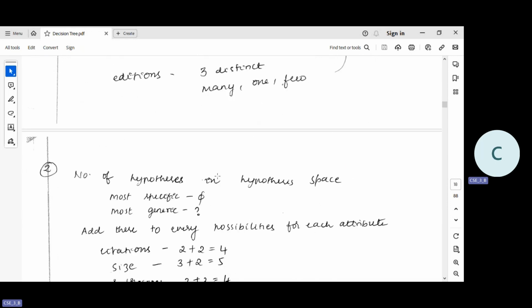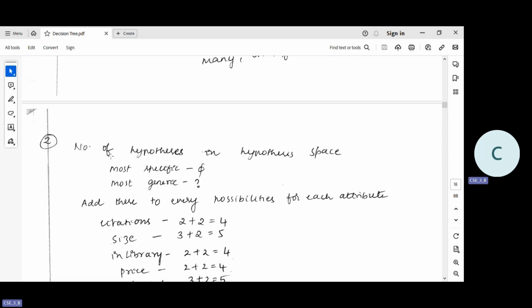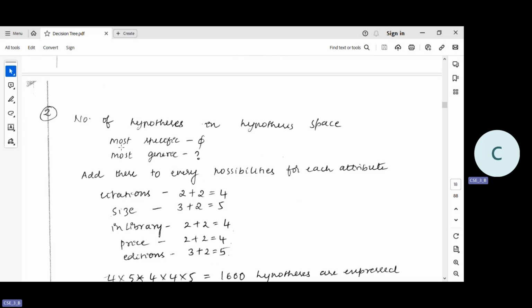The second question: how many hypotheses are there in the hypothesis space related to the training examples? The most specific hypothesis is represented by the phi symbol and the most generic by the question mark. These two are common, and we add them to the possibilities for each attribute.